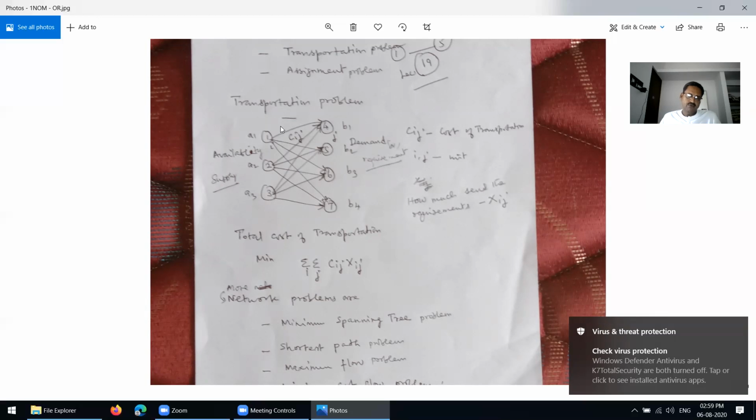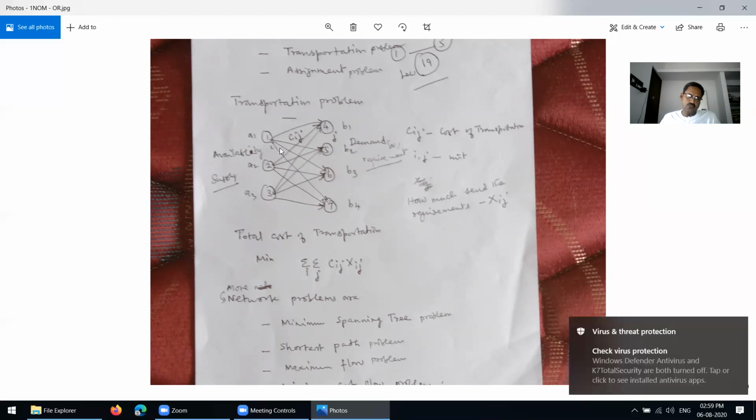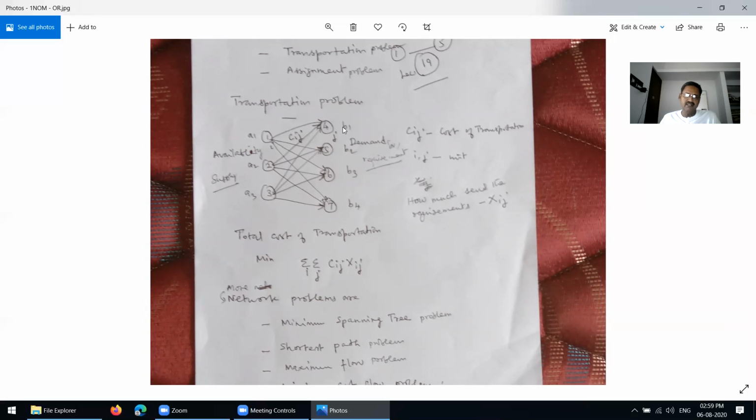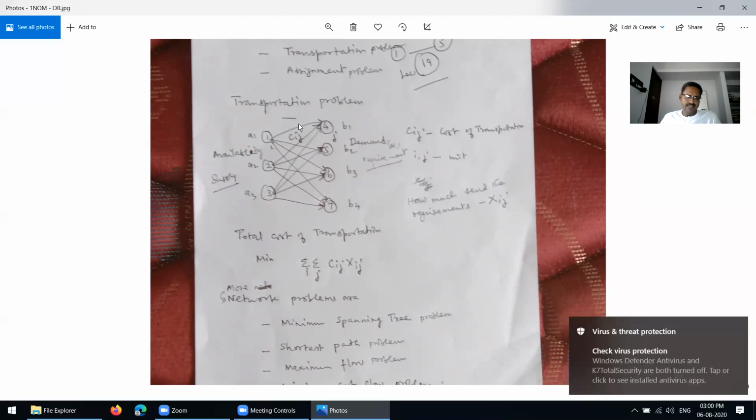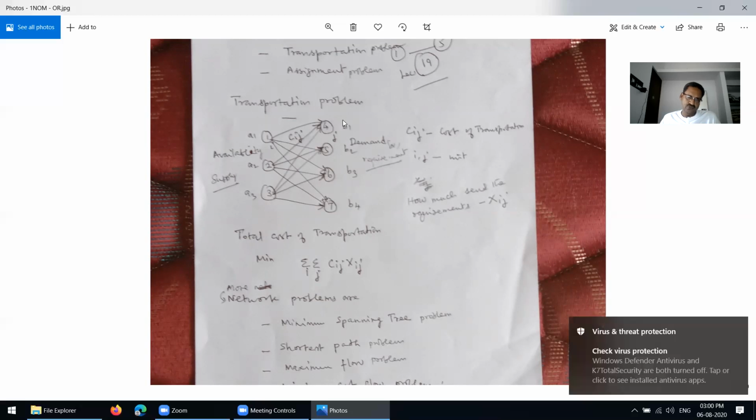Now we have to transport the materials from I to J, which is nothing but a network. The weight between I and J is denoted by Cij. It is called the cost of transportation from I to J.